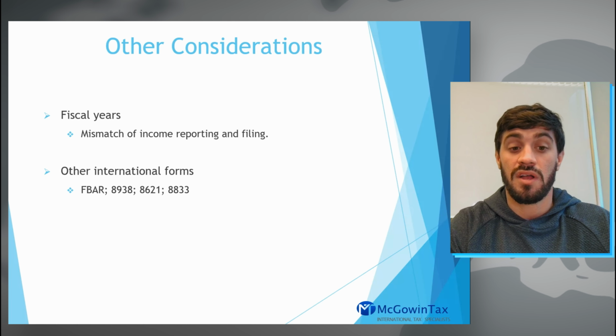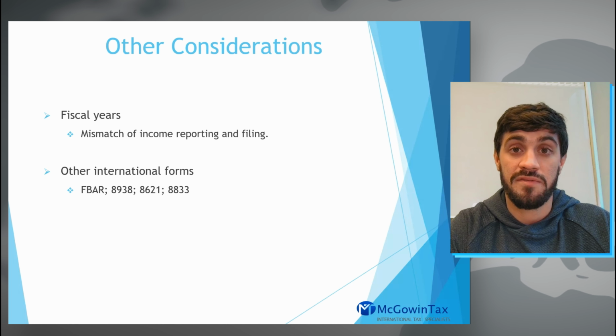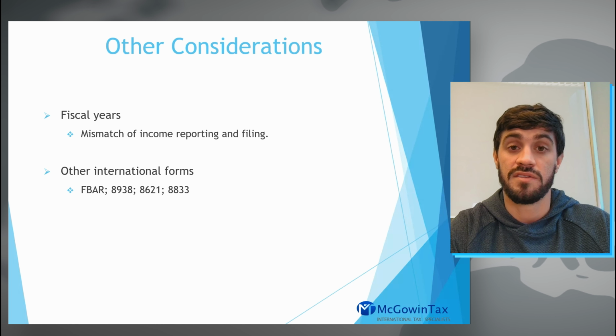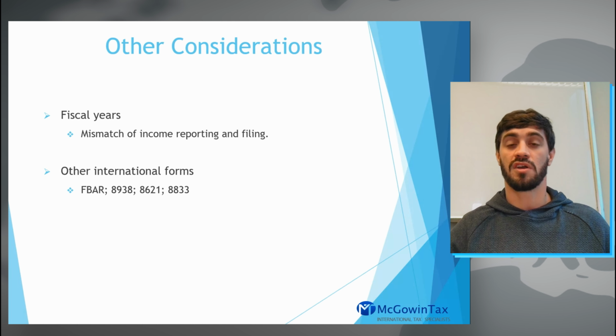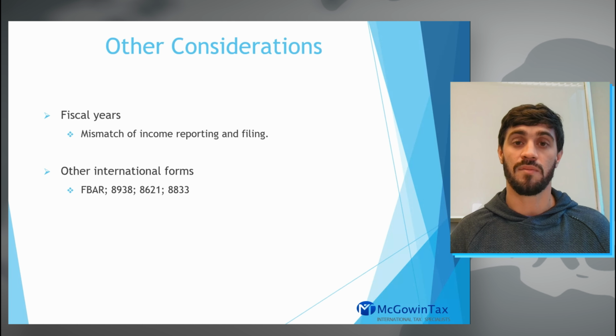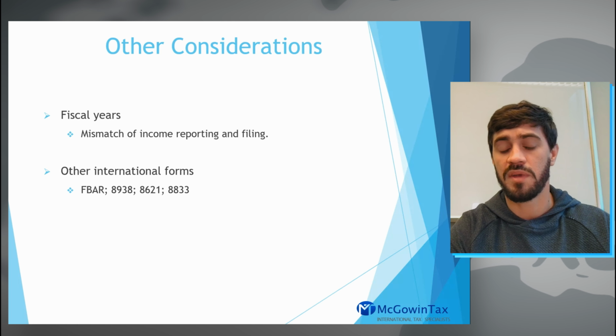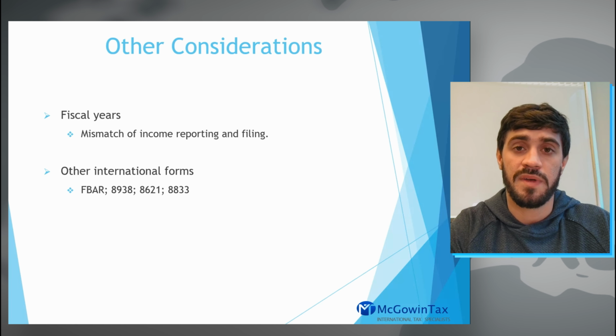So that can trigger FBAR requirements, Form 8621 with PFIC if they invest in foreign mutual funds, Form 8938. So, you just have to be aware of the other reporting requirements that could come as a result of this foreign grantor trust. And then there's the Form 8833 with respect to taking certain treaty provisions.